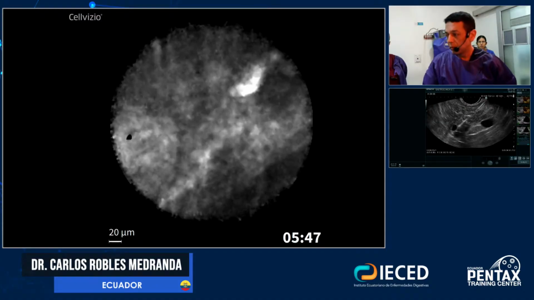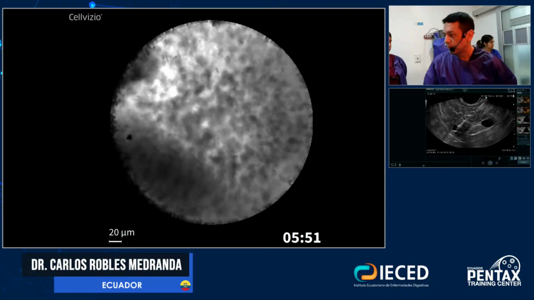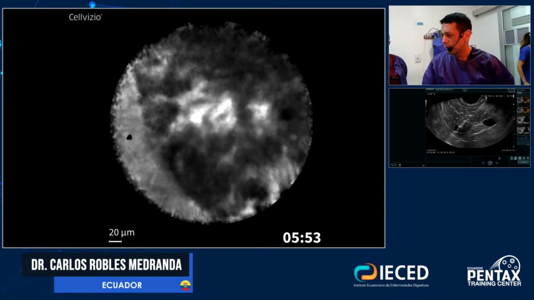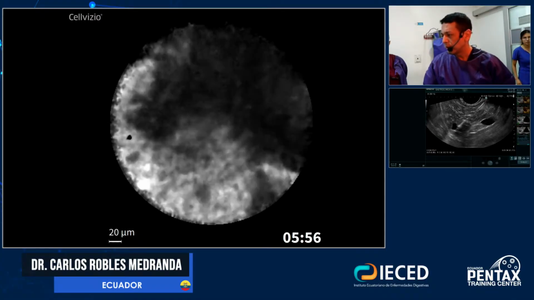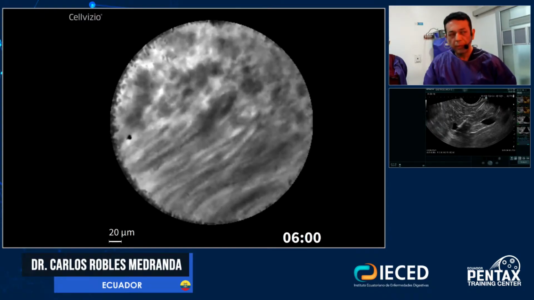And now, because of the characteristic of the lesion and the epithelium, I believe it's a mixed lesion. But there is some areas that I'm not so sure here. So we will take some biopsies, FMB.